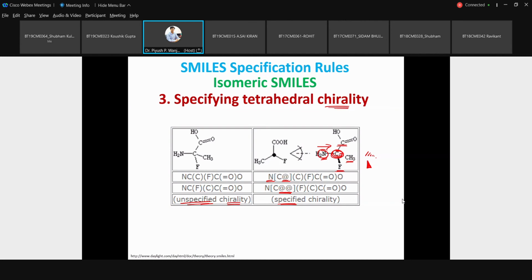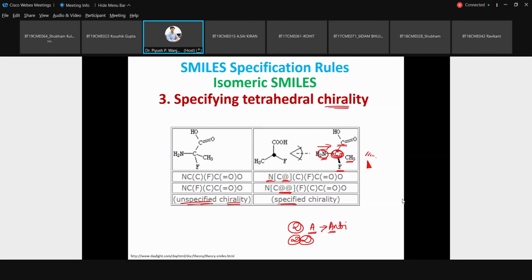Okay, so when you are reading in the anti-clockwise direction, then you should represent @. For this @, you can remember it starts with A, so it is not representing clockwise, but anti-clockwise. When single @ is there, it is representing anti-clockwise. Double @ means the opposite of this, so clockwise direction.